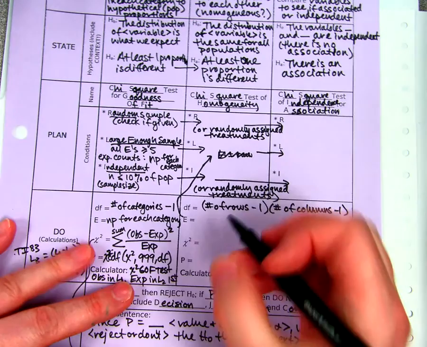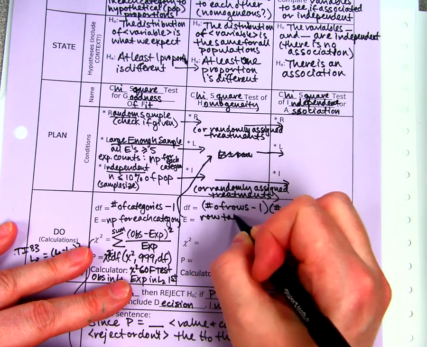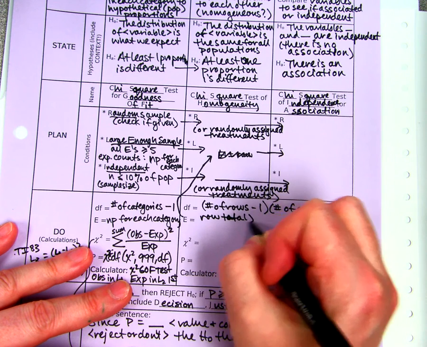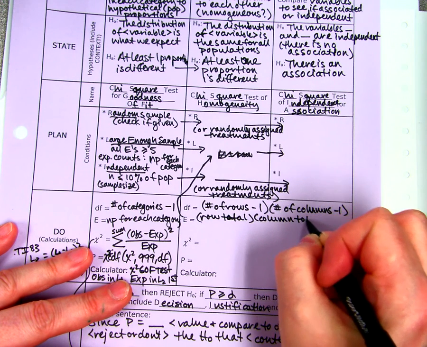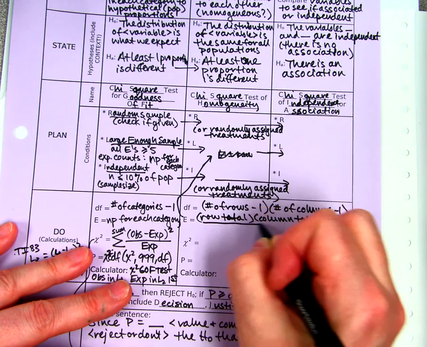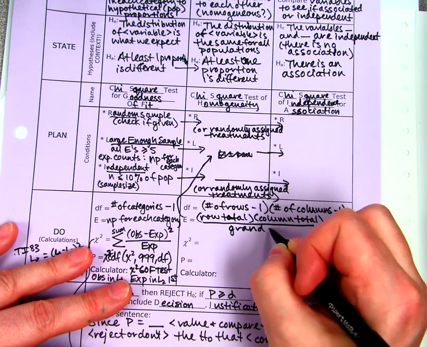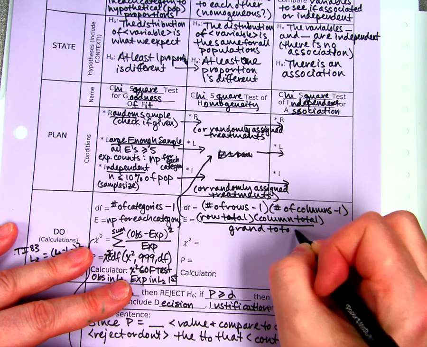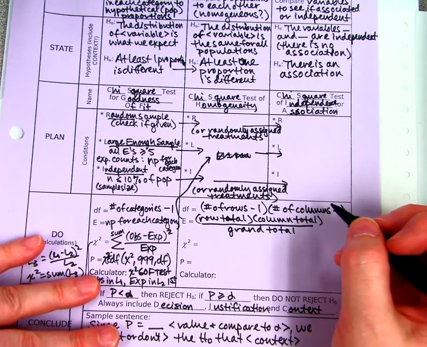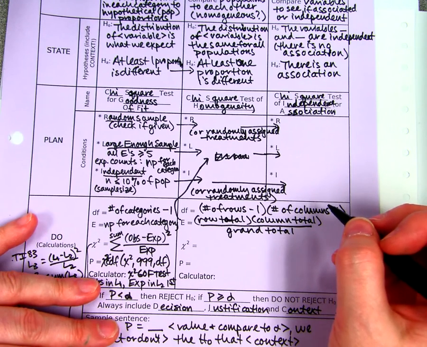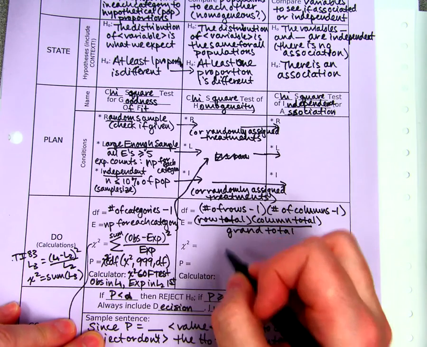Expected value is found by doing the row total times the column total divided by the grand total, and you do that for each individual cell of the table, except technically you only have to do it as many times as your DF, and then the rest you could find by subtraction. Or if you're using the calculator shortcut, it does that for you, which is so nice. I'll mention that down below.